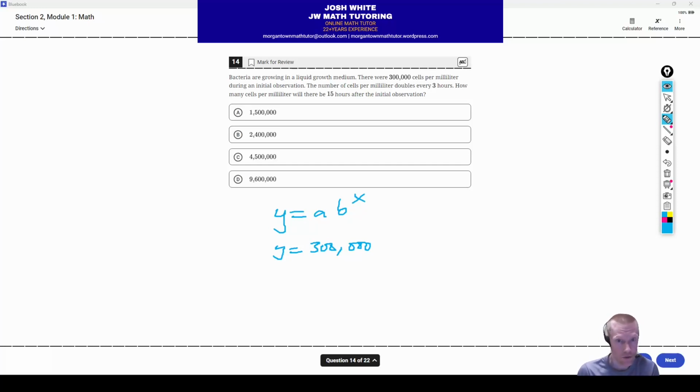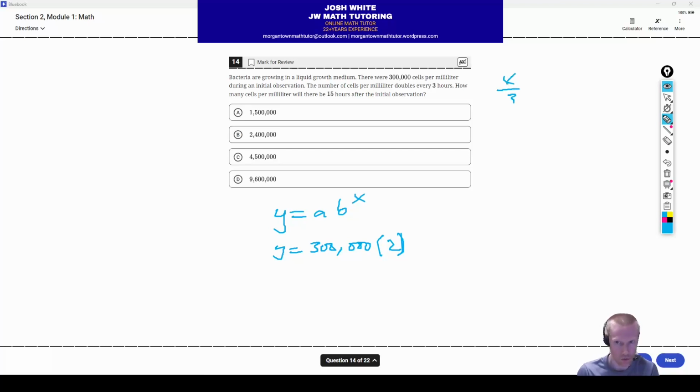How many cells per milliliter will there be 15 hours after the initial observation? So a couple things. If we're doing a doubling formula, then the b value is going to be 2, because doubling means multiplying something by 2. And x here will essentially be how many doubles there are.